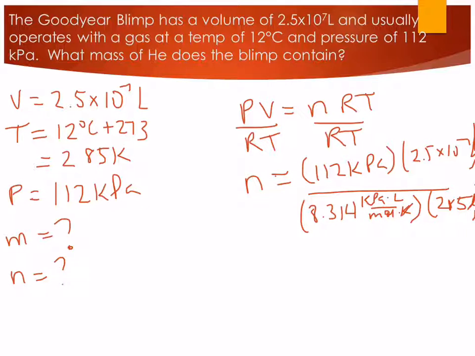Our kelvins will cancel, our liters will cancel, and our kilopascals will cancel, and so we're left with a unit of moles. When we do that in our calculator, we get 1.18 times 10 to the power of 6 moles. Makes sense that it's a big number because we have a very large volume.